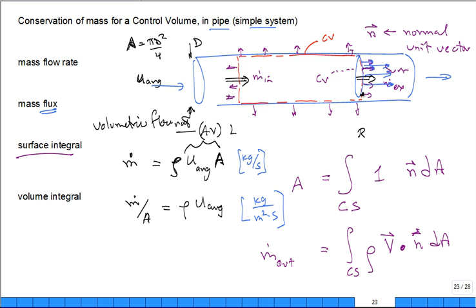Can you help remind me, is the dot product the cosine of the angle between or the sine of the angle between? Very good. Cosine of the angle between. And the angle between is 0. The cosine of 0 is 1.